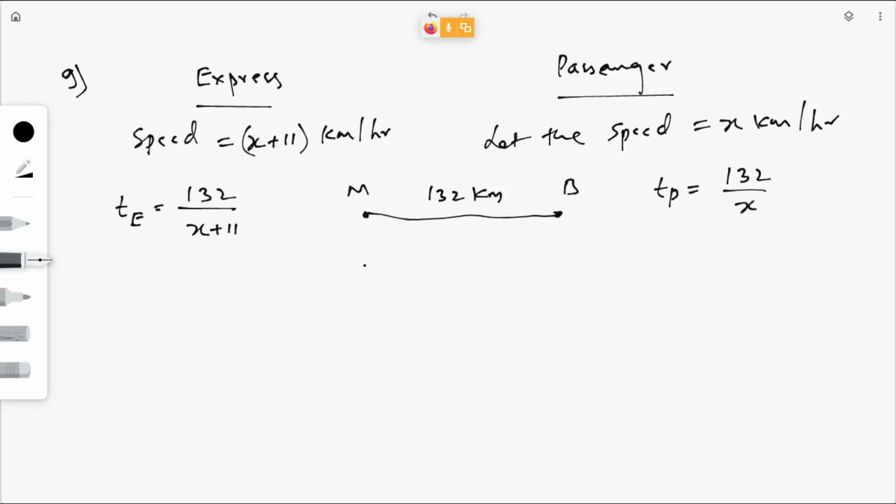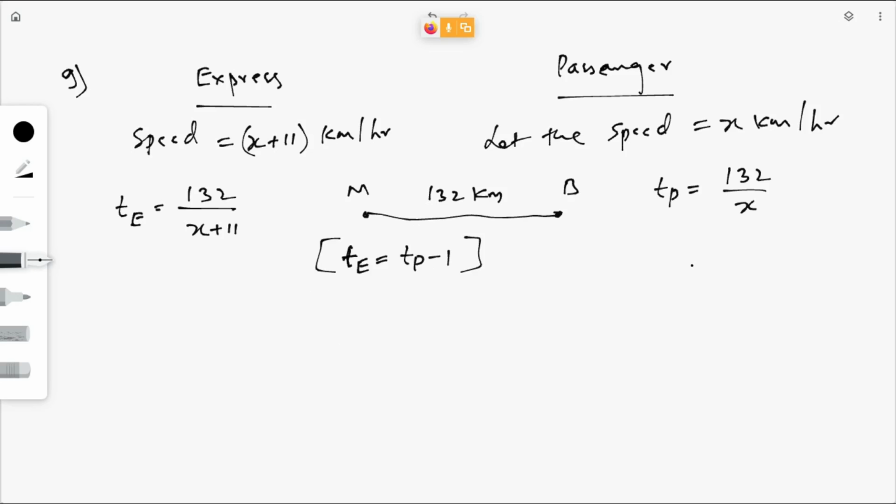So how can you make an equation out of this? Time taken by express train is less, that is time taken by passenger train minus 1. Time taken by express train is 1 less than time taken by passenger train. Yes or no? Any doubts, any questions here in this equation? No, sir.